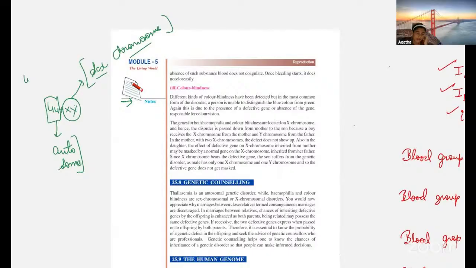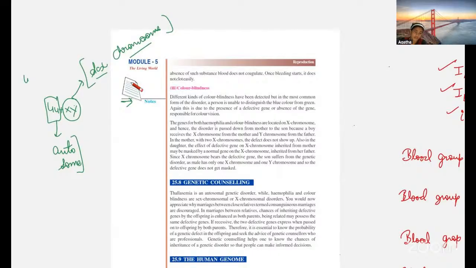Different kinds of color blindness have been detected, but in the most common form of the disorder, a person is unable to distinguish the blue color from green. Again, this is due to the presence of a defective gene or absence of the gene responsible for color vision. The genes for both hemophilia and color blindness are located on the X chromosome, and hence the disorder is passed down from mother to son because a boy receives the X chromosome from the mother and the Y chromosome from the father.